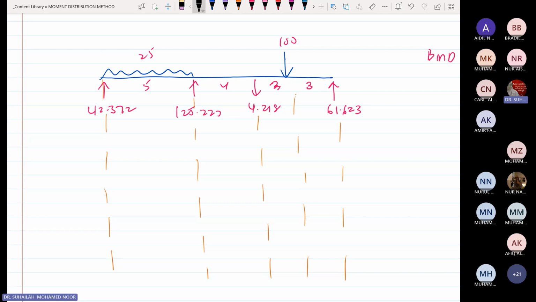Okay, ni line for shear force. Okay, so start dengan 0. Start 0, 0 naik 42.372. This is 42.372.